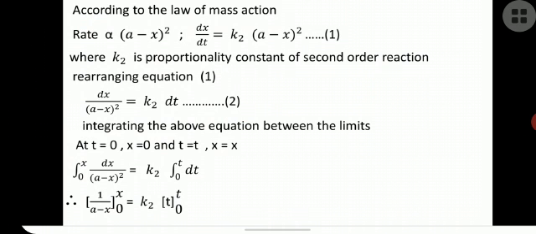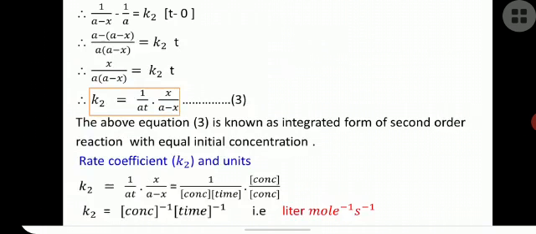Integration of 1 upon (a minus x) square is 1 upon (a minus x), and integration of dt is t. Therefore, by substituting this value, we get 1 upon (a minus x), limits from 0 to x, is equal to k2 t, limits from 0 to t. Now, by substituting upper and lower limits, 1 upon (a minus x) minus 1 upon a is equal to k2 into (t minus 0).